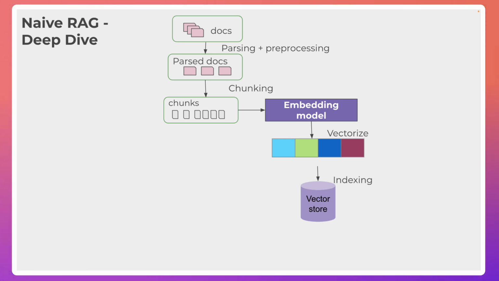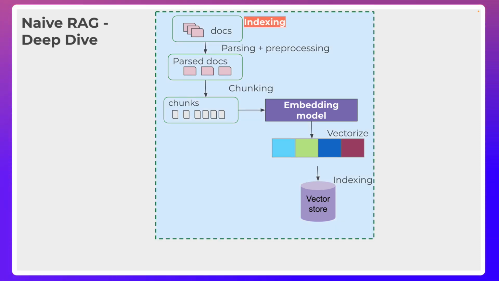So this is the indexing part that happens here. This is the part where we cut the document, pre-process everything, chunk it up, then create those embeddings, or vectorize those chunks, and save them into a vector store.